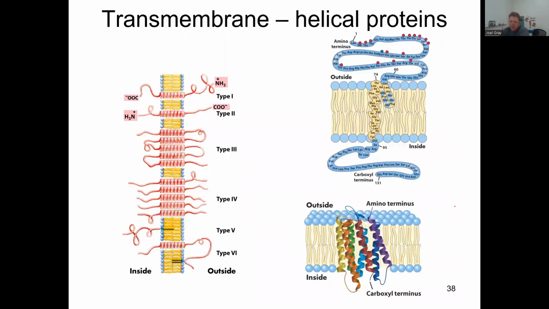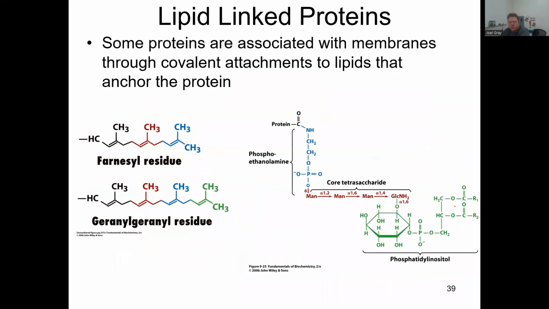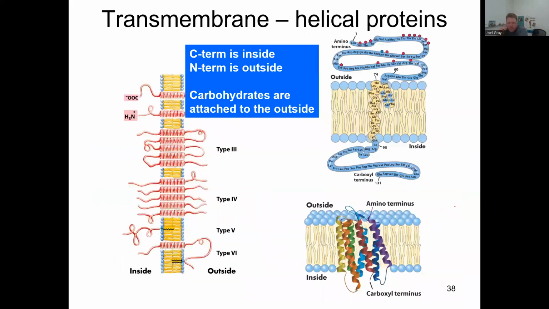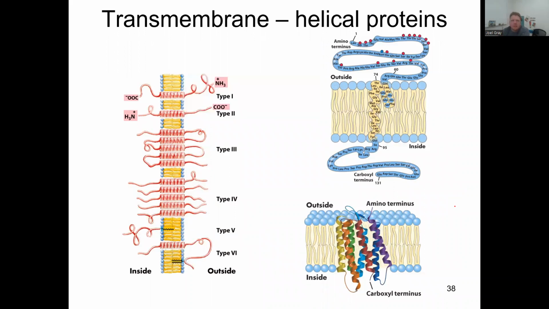So just to display a couple of examples, these are transmembrane proteins that have a helix. There are a couple of different classifications, and I want you to be familiar with these, but also I want you to be familiar with a figure like this. Now I'm going to start with the figure on the right-hand side. What this shows is a polypeptide, N termini to the C termini, and it shows a lipid bilayer.